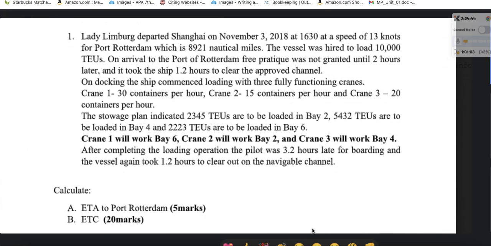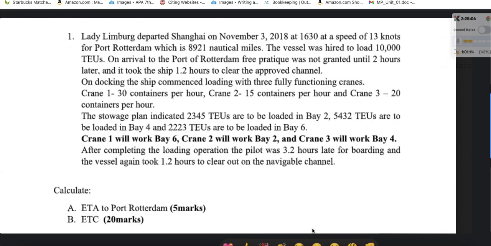Remember, it says it took the ship 1.2 hours to clear the approved channel. You have to add that 1.2 hours as well. So we take the 0.2 times 60 and get the 12 minutes. Understand now?